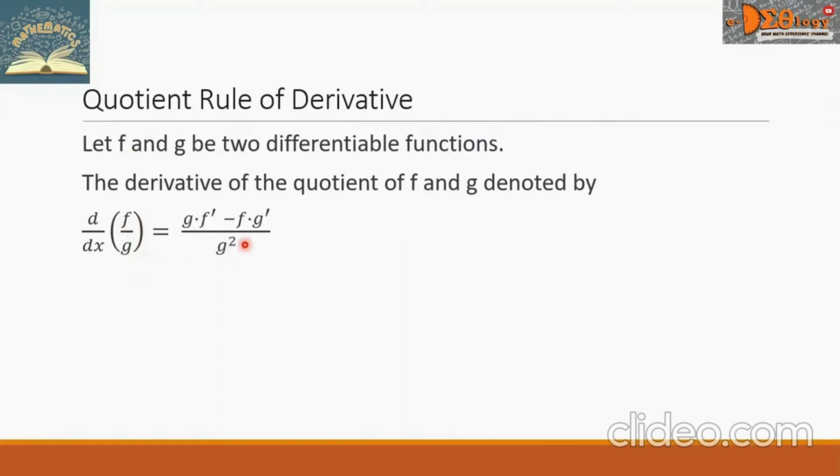The answer is a fraction where the denominator is the square of g. And in our numerator, we have two products. The first product is g times f prime minus the second product is f times g prime, where the function g of x is not equal to 0.